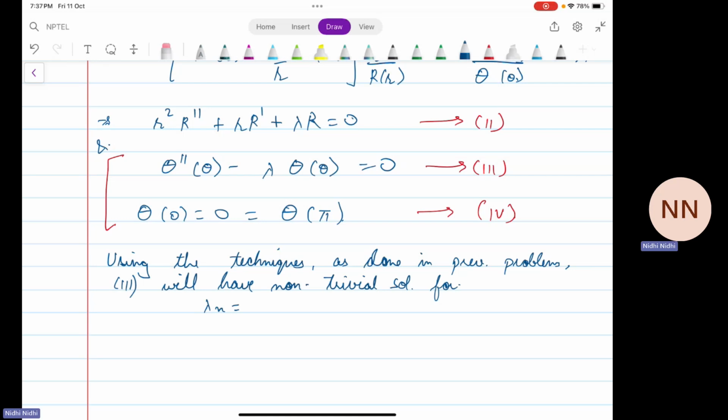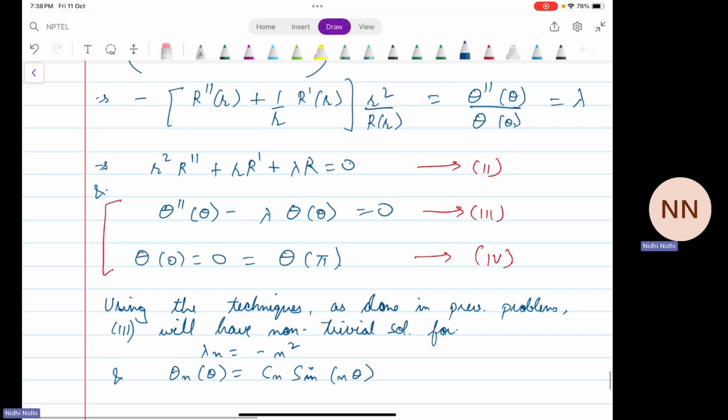So for lambda n equals minus n squared, we will get a non-trivial solution for equation third, and theta n of theta will be cn times sine n theta. So I'll wait for 5 minutes. Please do this yourself. I think you will not have any problem in solving this and getting the same solution.